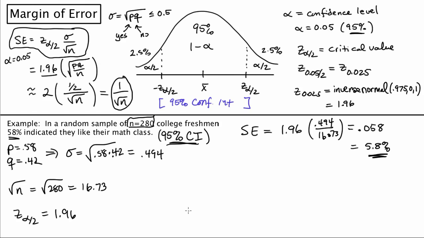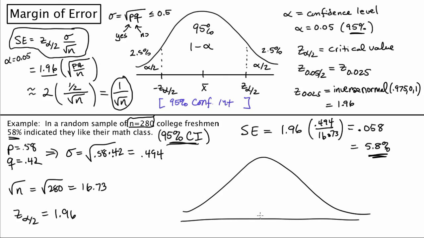So realistically, what's happening here is the following. We have our distribution, and for this particular problem, we know that the mean and the median are 0.58, 58%, and I can go up or down based on this to get my 95% confidence interval.